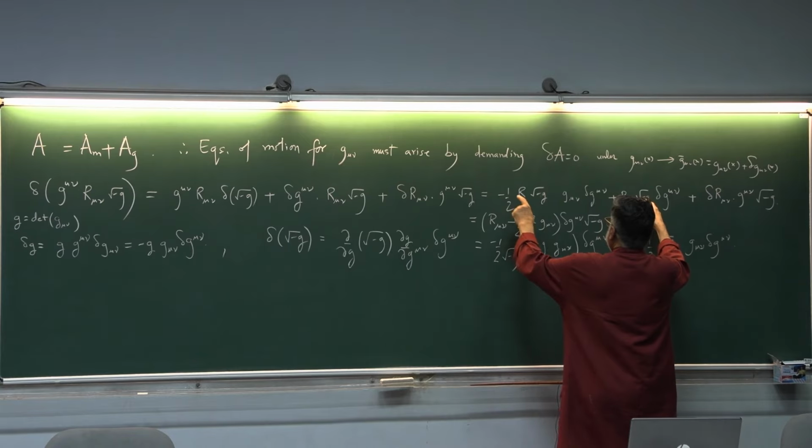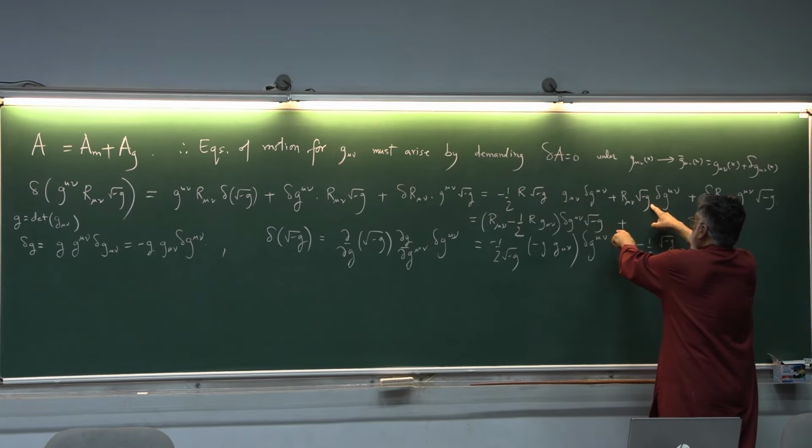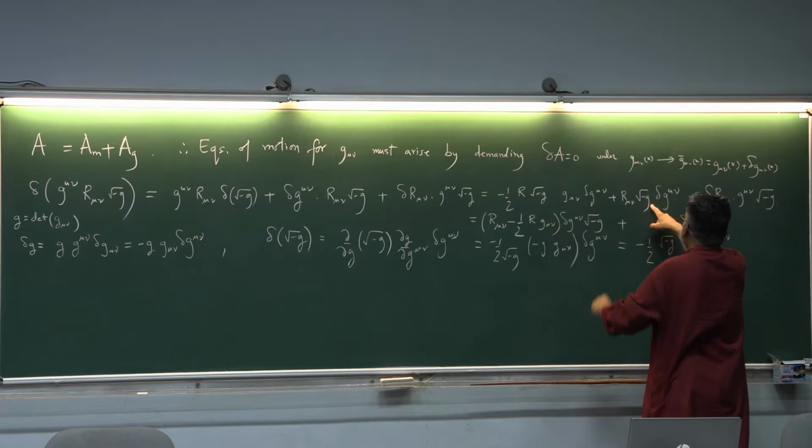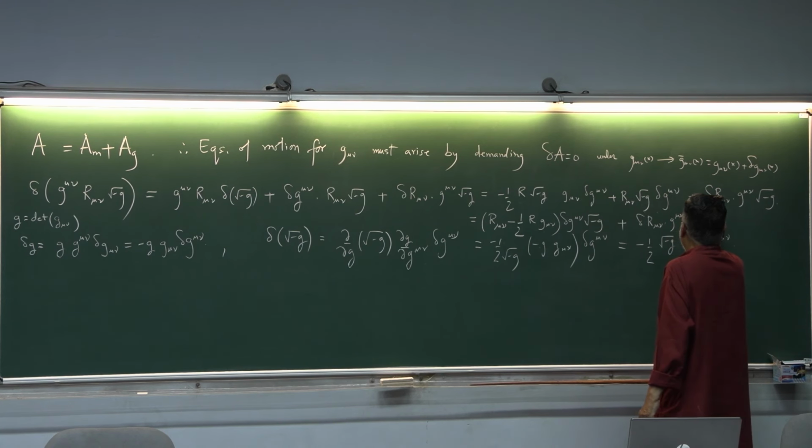Plus, so this and this I have combined, R mu nu, root minus G, G mu nu I have taken common, minus half R G mu nu I have taken common, and this final term delta R mu nu. Okay.